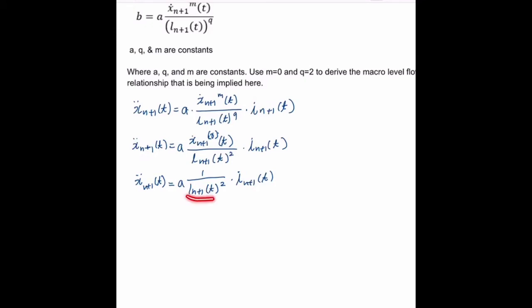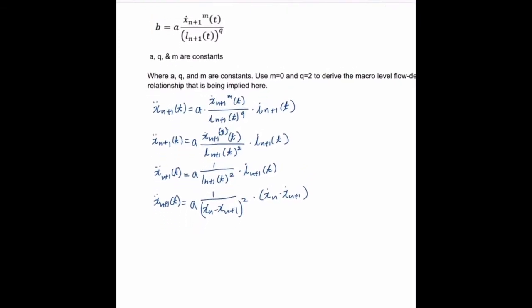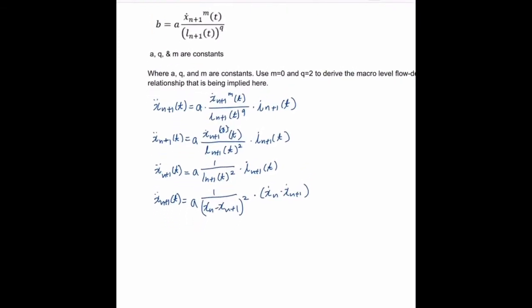Like I explained earlier, the space headway can also be written as the leader's position minus the follower's position. So I'm gonna plug that back in also. So it'll be A times 1 over xn minus xn plus 1, squared, times the relative speed, and the acceleration of the follower.